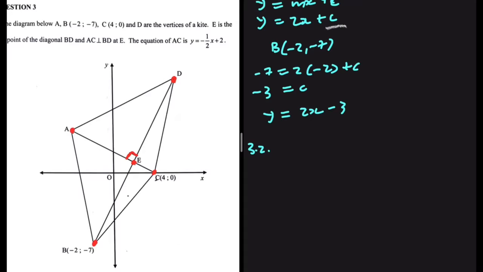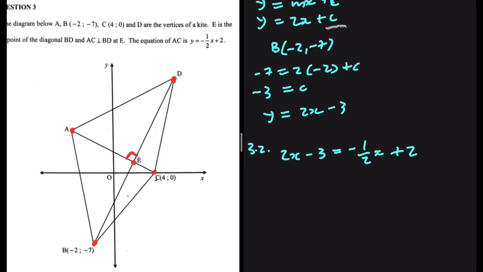If we do that, we're going to have 2x minus 3 being equal to minus a half divided by 2 x plus 2. We're going to find the x value of E and substitute it into either the equation of AC or the equation of BD.